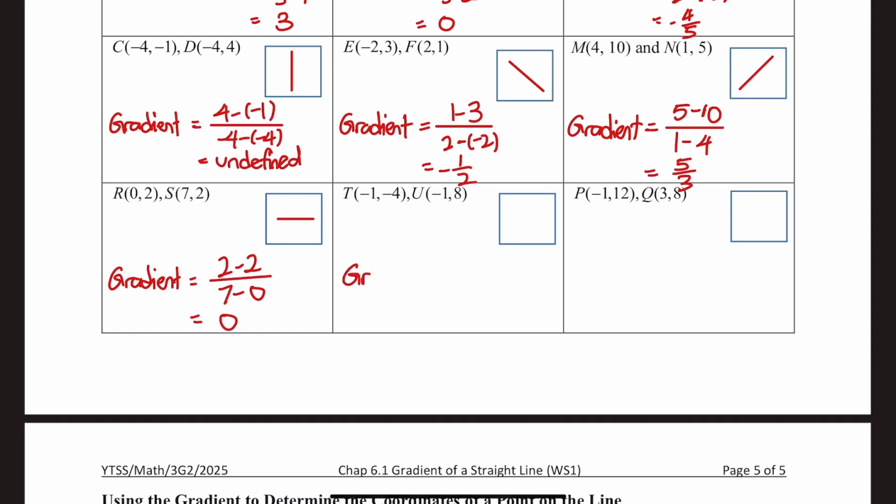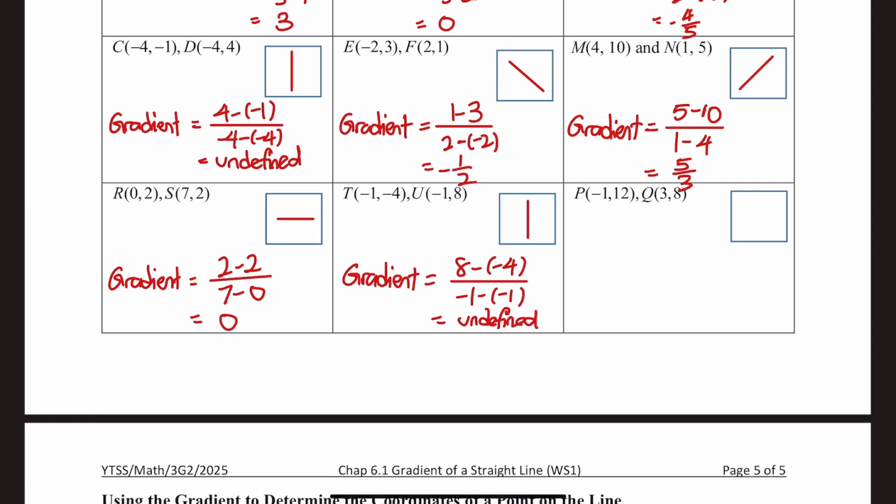Next one, gradient equals 8 minus -4 divided by -1 minus -1. You should get undefined. The denominator is 0. Undefined means this is a vertical line.